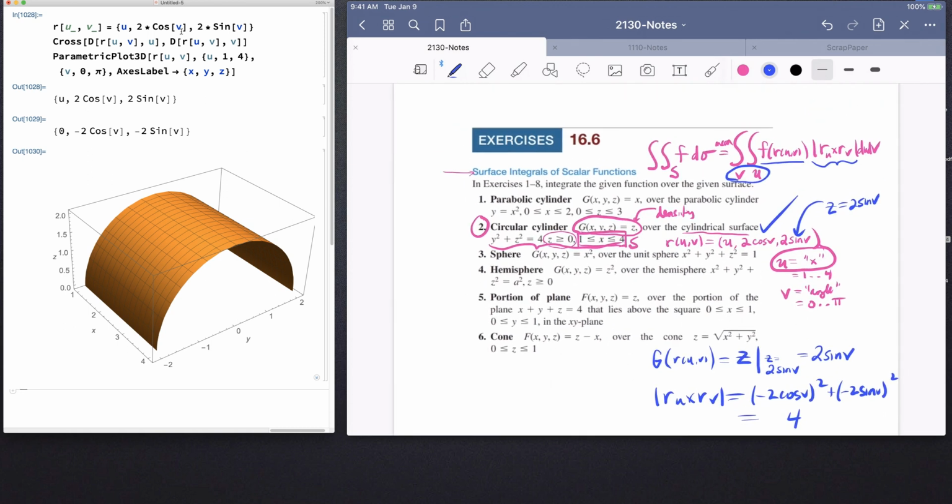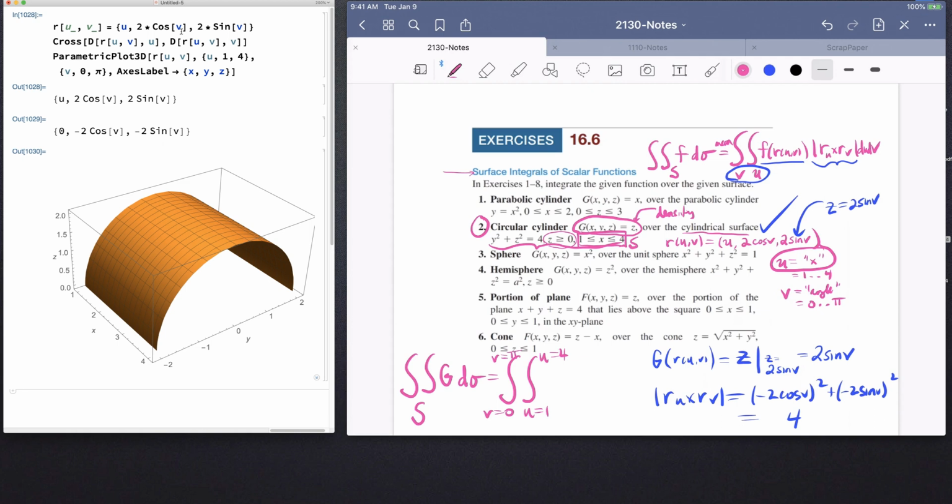So there's the magnitude of our cross product, and we're now in a position to do the double integral over this surface of the density function g. X is our u variable, so u goes from 1 up to 4. V went from 0 to pi, that was the angle.